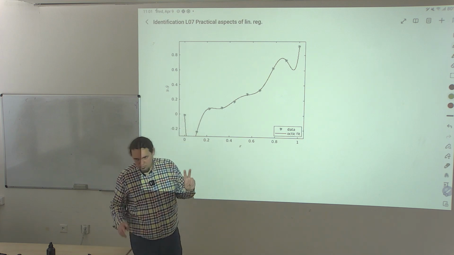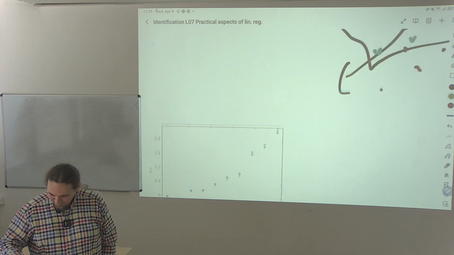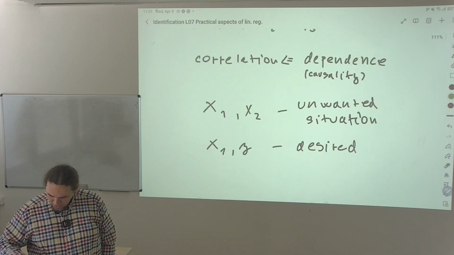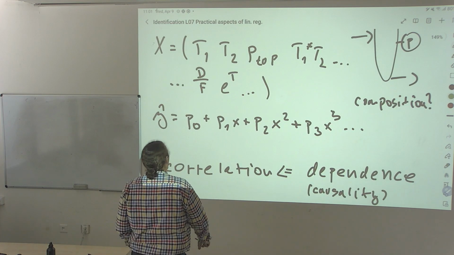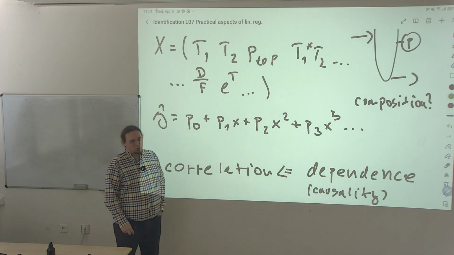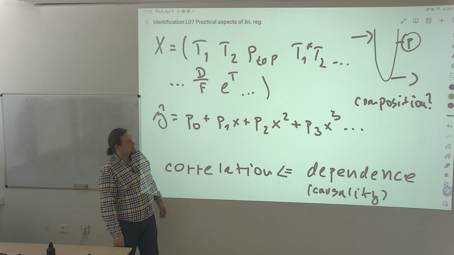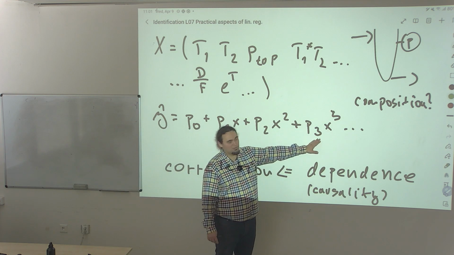If our octic model or whatever polynomial model would be, so to say, overfitted, there is one more parameter that just tries to fit the noise.